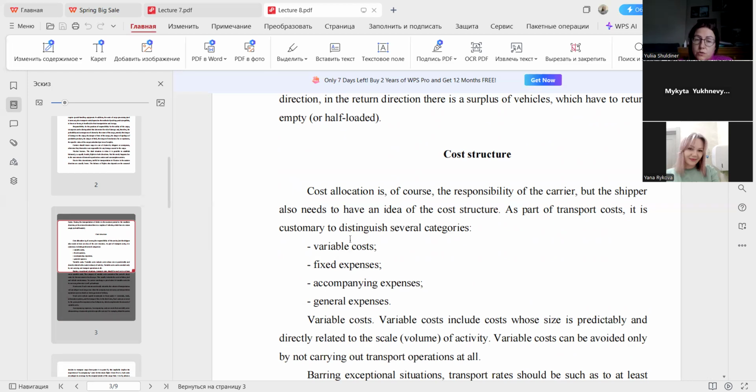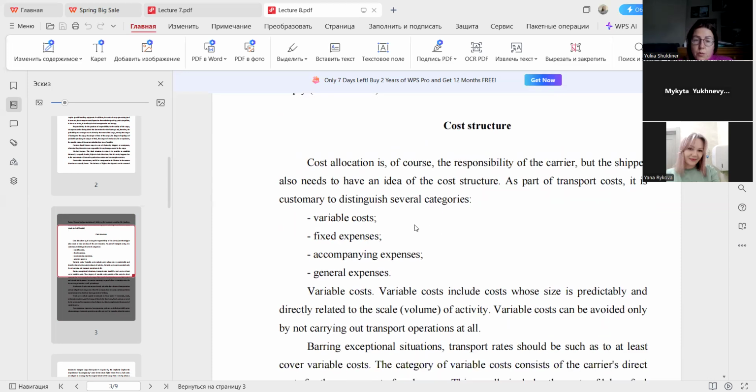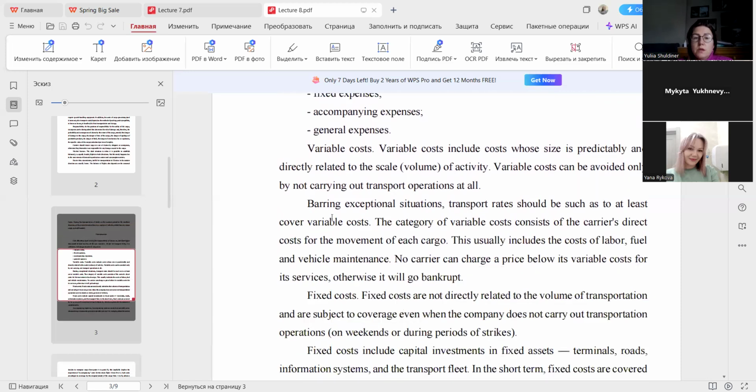It is customary to distinguish several categories: variable cost, fixed expenses, accompanying expenses, general expenses. Variable cost. Variable costs include the costs whose size is predictable and directly related to the scale, volume of activity. Variable cost can be avoided only by not carrying out the transport operation at all.